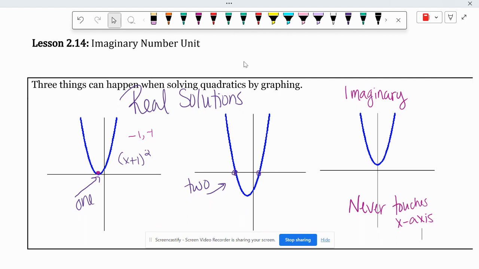So today we are going to look at some powers of i and some complex numbers.